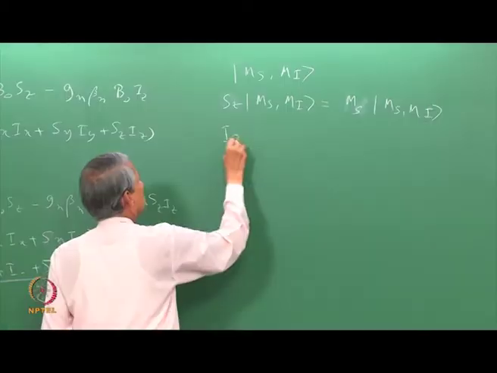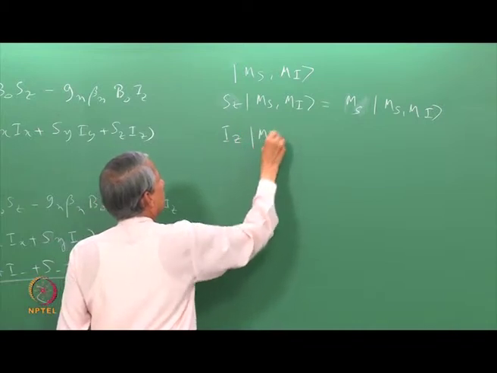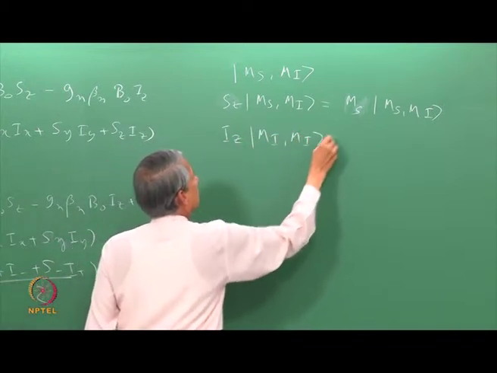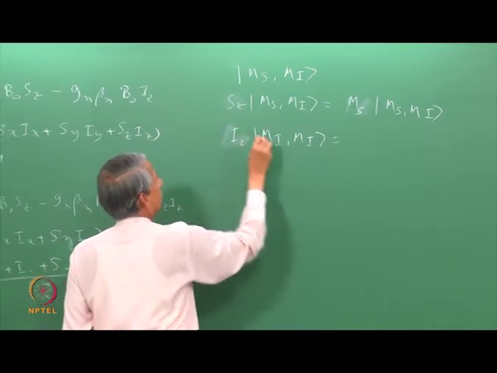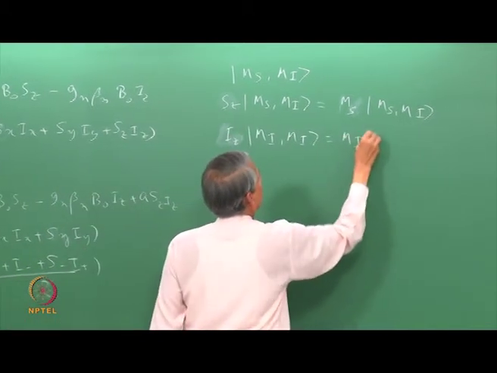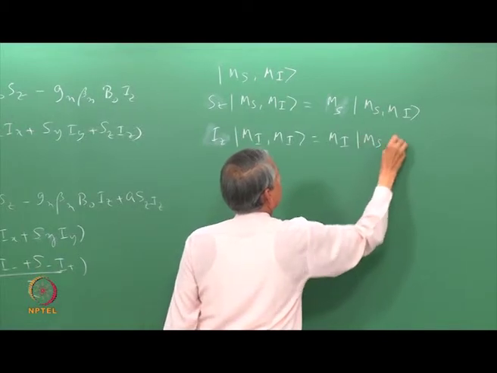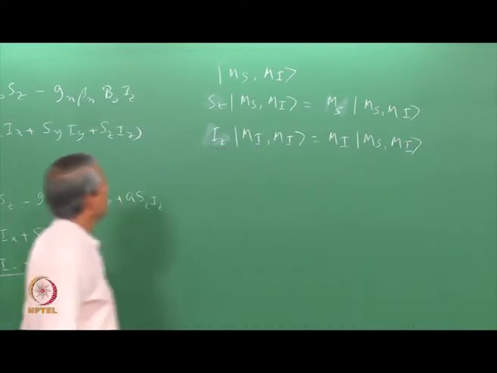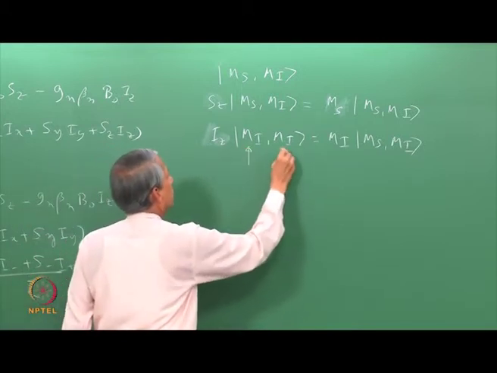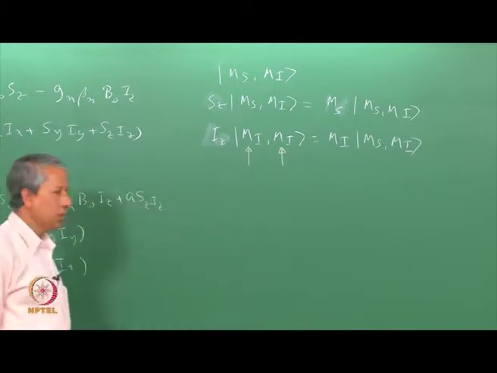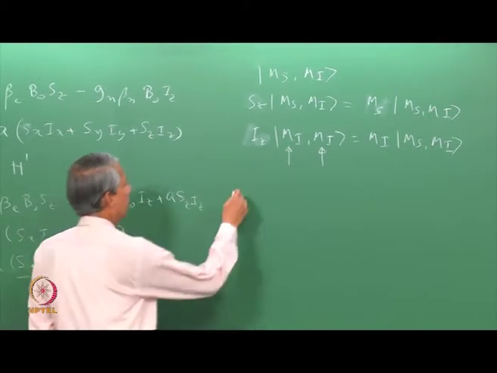Similarly, Iz operating on ms mi will give mi times ms mi.